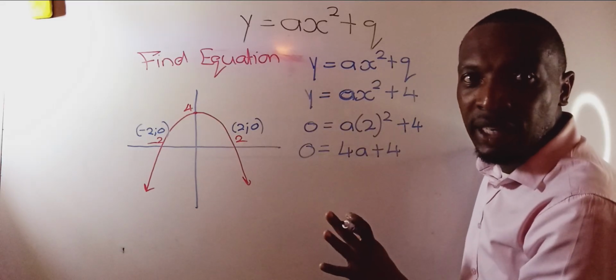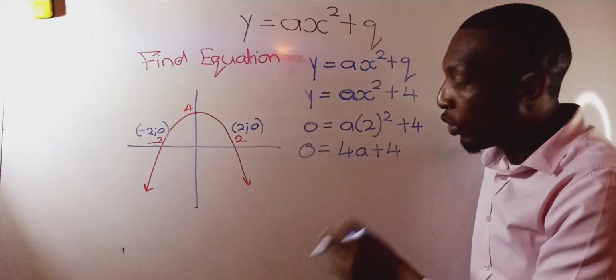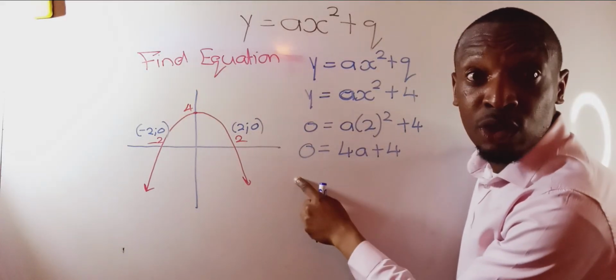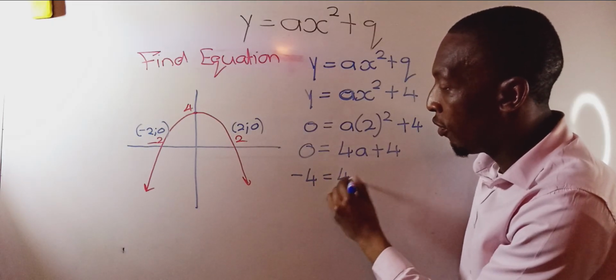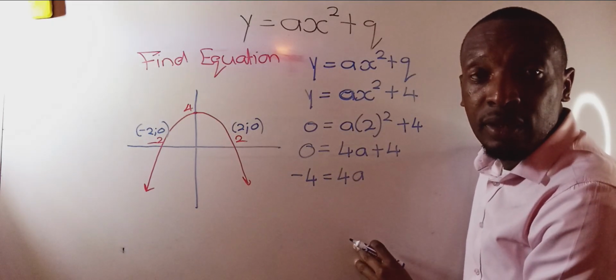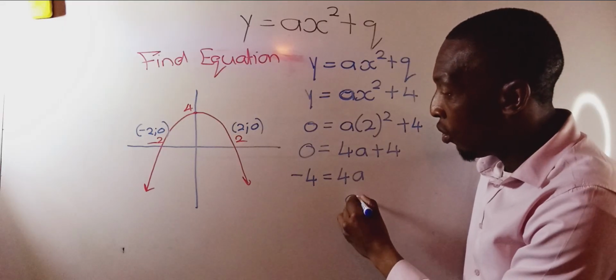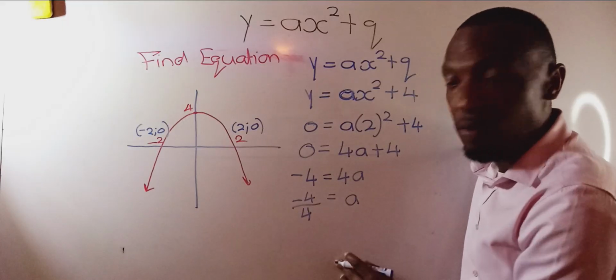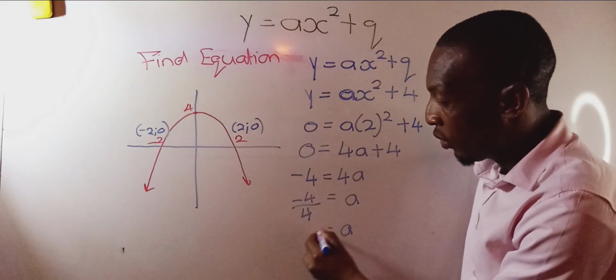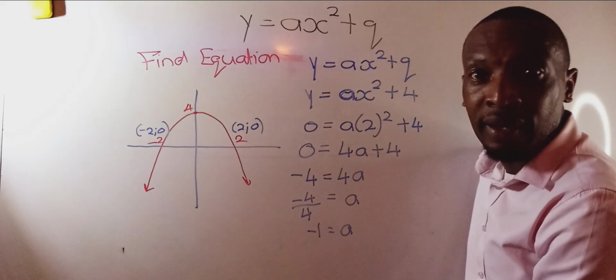A beautiful linear equation. Solve for a. So take this 4 over to this side. It's going to be minus 4 is equal to 4a. Divide both sides by 4. So it's going to be minus 4 over 4. So my a is equal to negative 1.